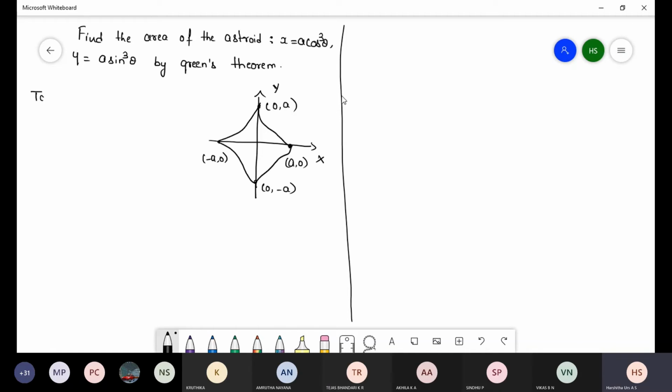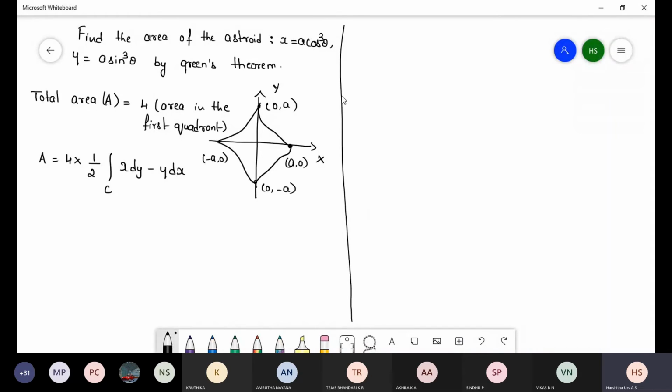So here we start the solution. Total area A is equal to 4 times the area in the first quadrant. Then the area of a single quadrant, again we have to use the same equation: 1 by 2 integral over the curve C x dy minus y dx.